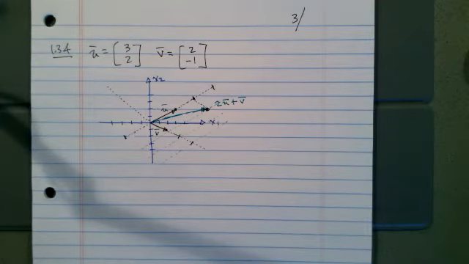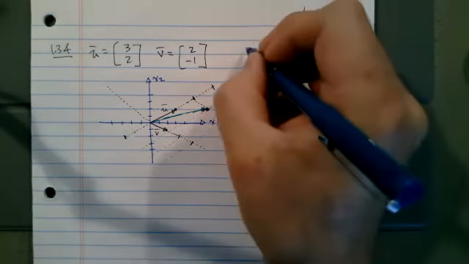We put the two vectors U and V, and then we make a parallel copy of U at the end of V, and a parallel copy of V at the end of U, creating a parallelogram. Then the sum of those vectors will be the diagonal of the parallelogram.